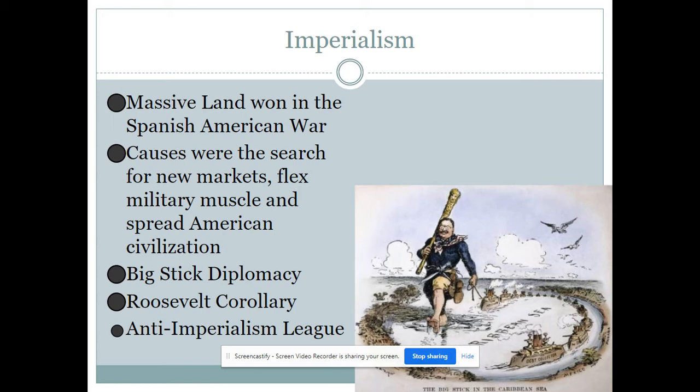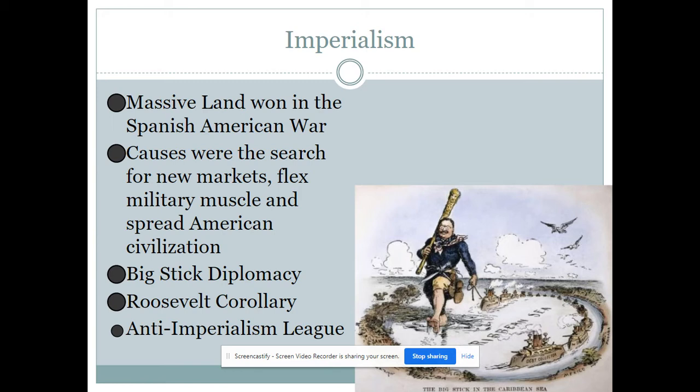We had seen in earlier periods Manifest Destiny, the conquering of the continent, but that doesn't stop just because we hit an ocean, right? Now we're looking around the world for a variety of reasons, be it economic reasons, like we need to expand our markets so we can continue producing and selling.